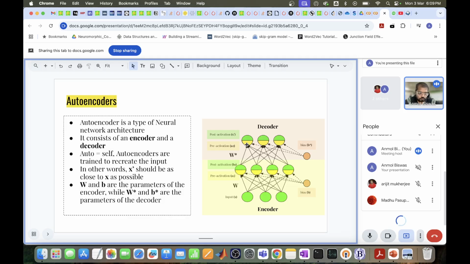And the idea of an autoencoder is that the input should match the output, right? So the idea is that you recreate the input at the output layer, right?